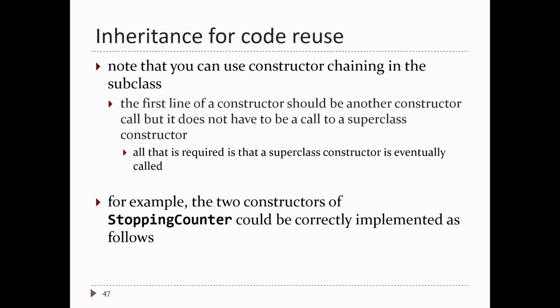Now, there's no reason that you can't use constructor chaining in the subclass. Instead of calling the superclass constructor every time, you're still allowed to call another constructor in the subclass. Again, it has to happen on the first line of the constructor. Eventually, though, that chain of constructor calls has to lead back to a call to the superclass constructor.